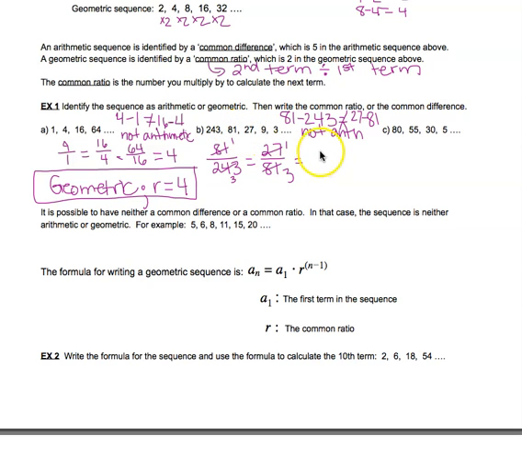So then try 9 over 27. This one's easier to do without a calculator because they're both divisible by 9, and it is 1/3. And then finally, 3 divided by 9, also 1/3. So this is geometric, and R is 1/3.